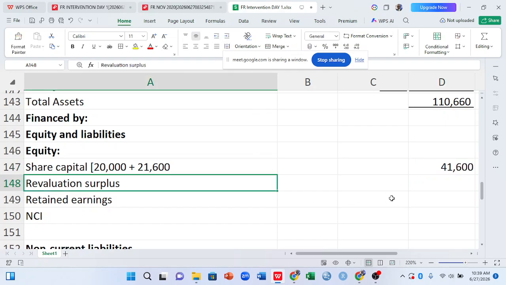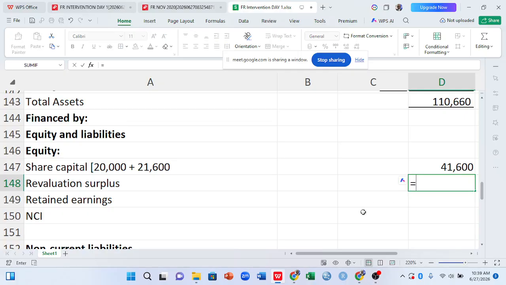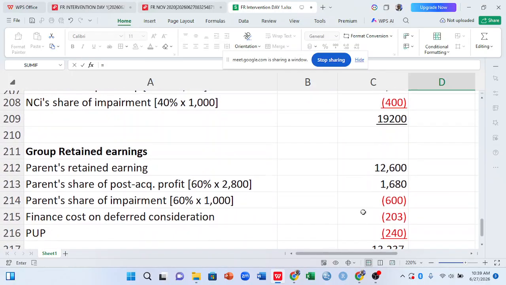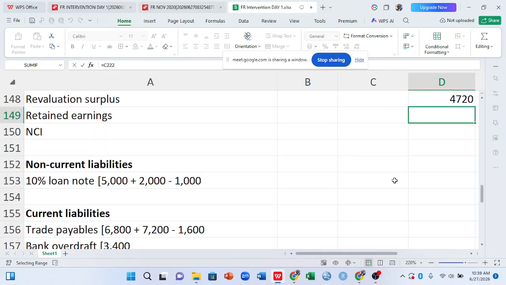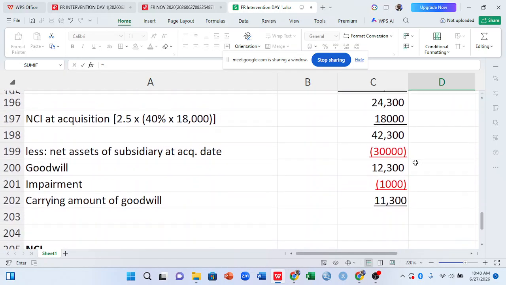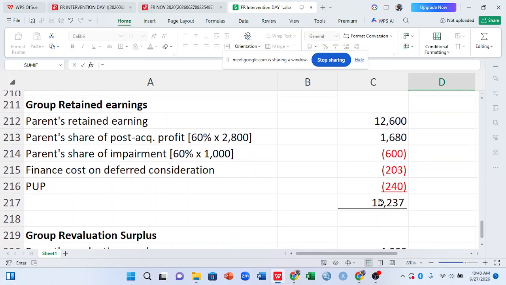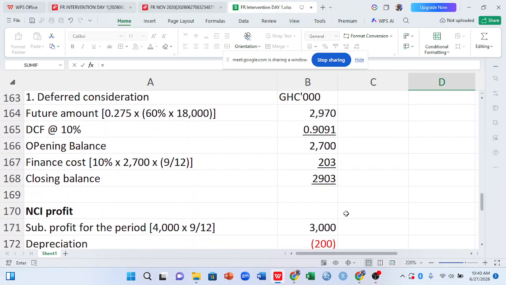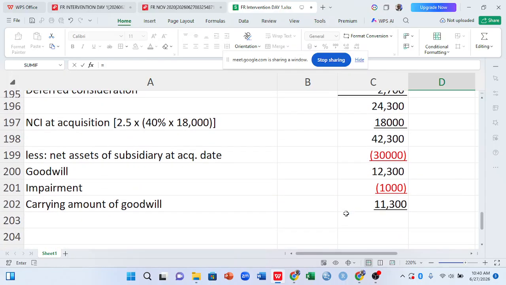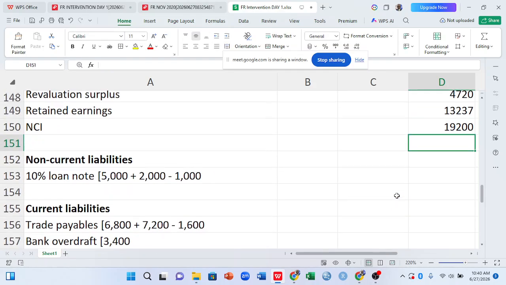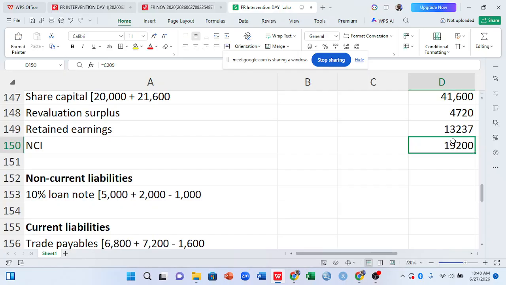The next is revaluation surplus. If we have done the group revaluation surplus, we just pick the figure, which is 4,720. Then we come to the retained earnings. We already have that, we'll pick that as well. Then NCI, we also have done that already, and we sum them together.